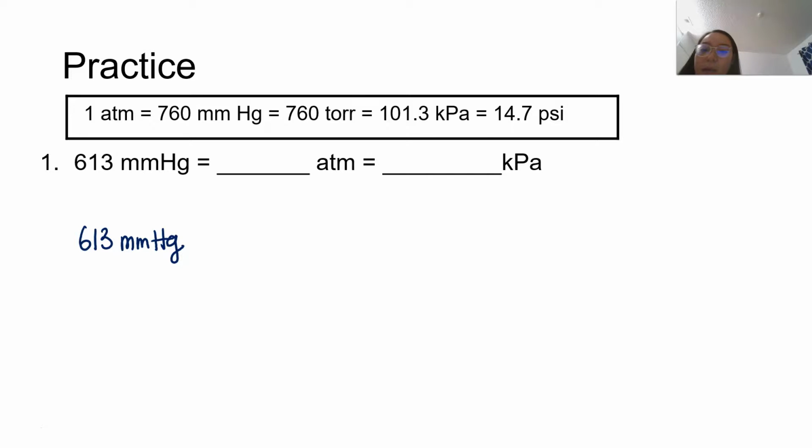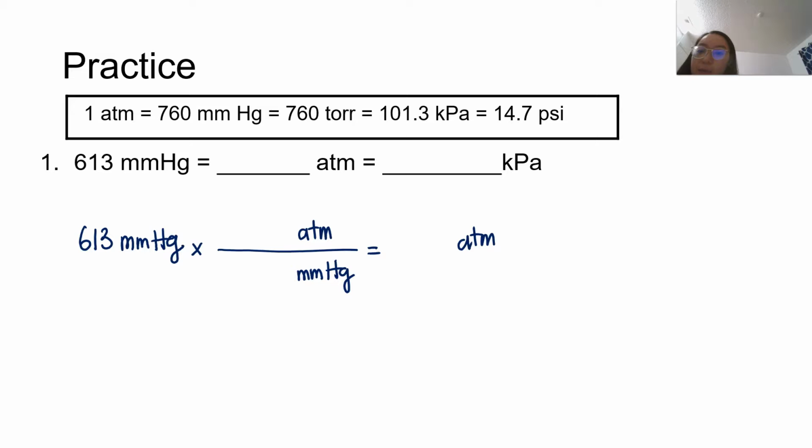I want to go from millimeter mercury to atmosphere, atm. So I will set up my calculation so that I have millimeter mercury at the bottom and atm at the top, because I want millimeter mercury to cancel and atm to stay. My final answer here should also be in atm.